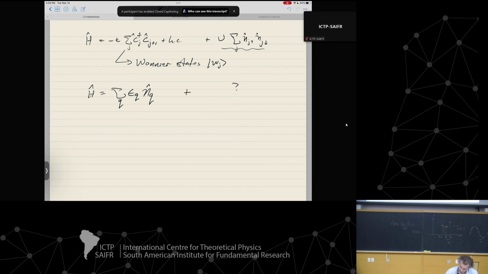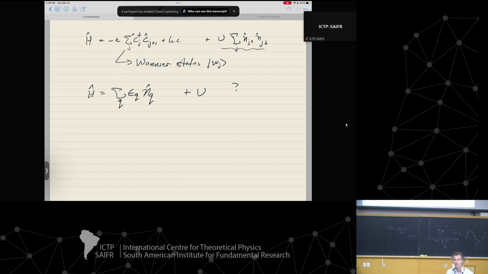So what does this next term look like, though? We now need something proportional to interactions, but how do I write down interactions in momentum space? To figure this out, we go through the same process we went through when we derived tunneling in the first place. What we're expecting here is that this one should change Q's to other Q's, just like this changed some sites to other sites, right?